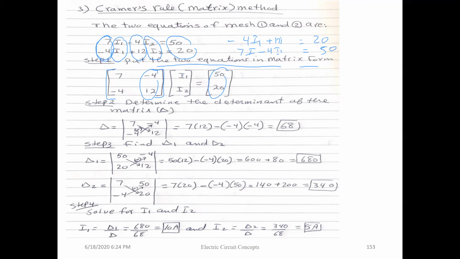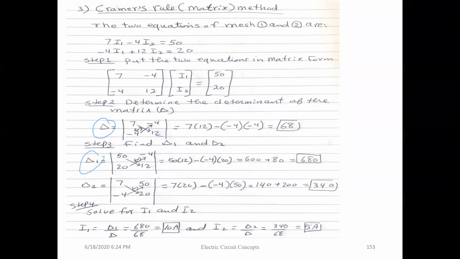The only thing is, when you transfer this to the matrix, you put it in the same order. It will be minus 4, 7, 12, and minus 4. Just swap these 2 columns. Then follow the rules of how to find the determinant D, D1 and D2, and then to find I1, you take delta 1 over delta, and delta 2 over delta to find I2.